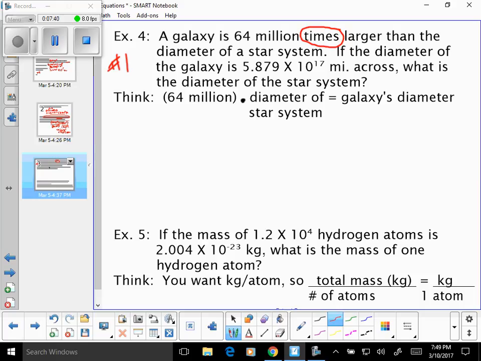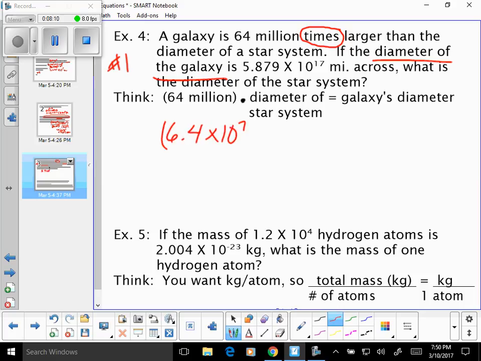So we have 64 million times the diameter of the star system to equal the galaxy's diameter. What do we know? Do we know the diameter of the star system? No, we do not. Here it says diameter of the galaxy. We know the galaxy's diameter. So we are going to take 64 million and we are going to write that in scientific notation.